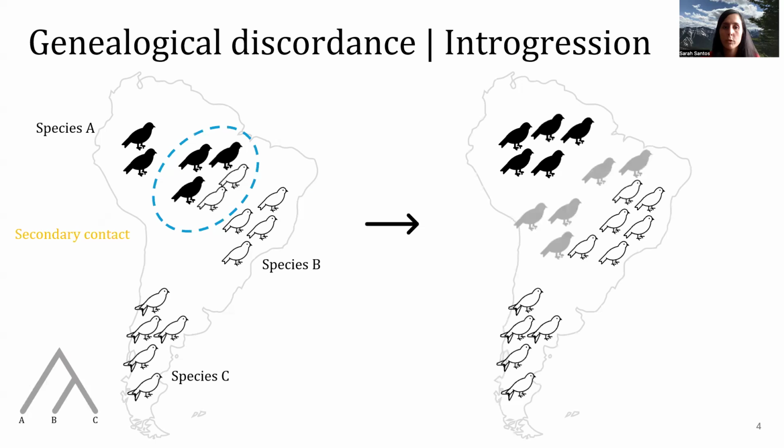And then for introgression to happen, so introgression is when different pieces of genetic data get introduced or reintroduced to a genome, we need the hybrid, these new specimens, to hybridize with the original species. So let's say a hybrid would hybridize with species B and then introduce new genetic information into their genomes.